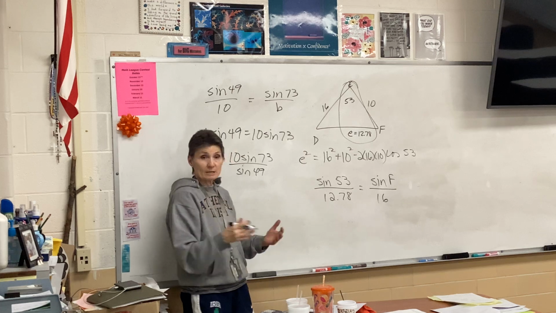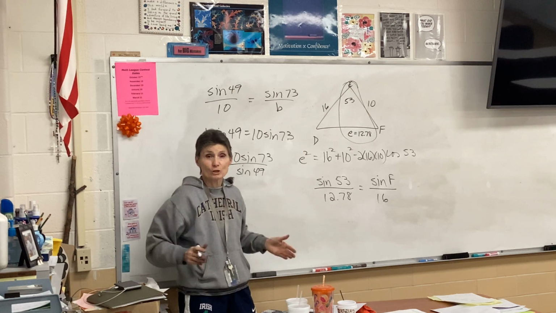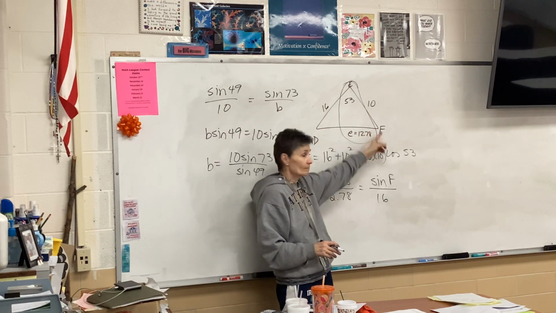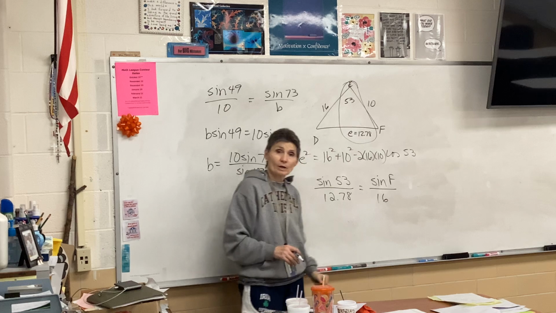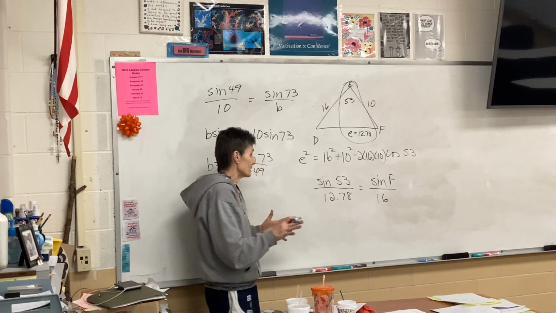And I wish you were here, because if you were, some of you would be saying right now, inverse, inverse, inverse. Yes, because we're trying to find an angle, we're going to eventually have to do inverse sine. Not yet, though. We've got to get it set up.